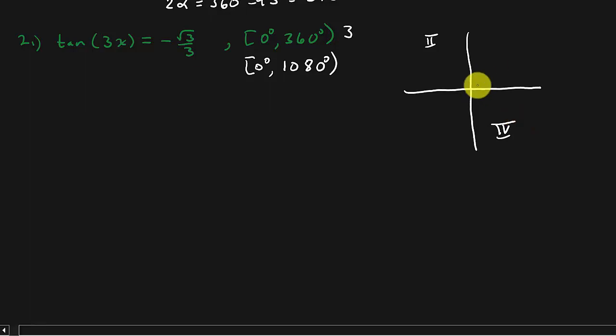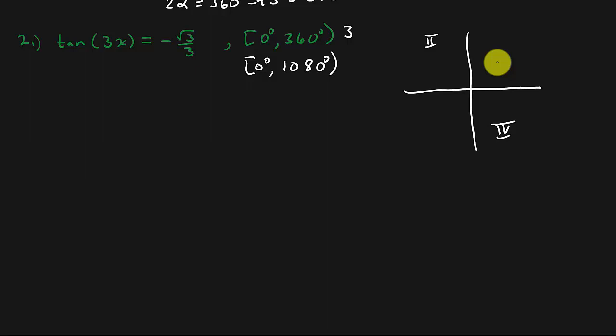Remember, your reference angle is the angle in the first quadrant. Okay? And remember this, whenever you take the sine, cosine, or tangent of a reference angle, you get a positive number, right? You get a positive number.